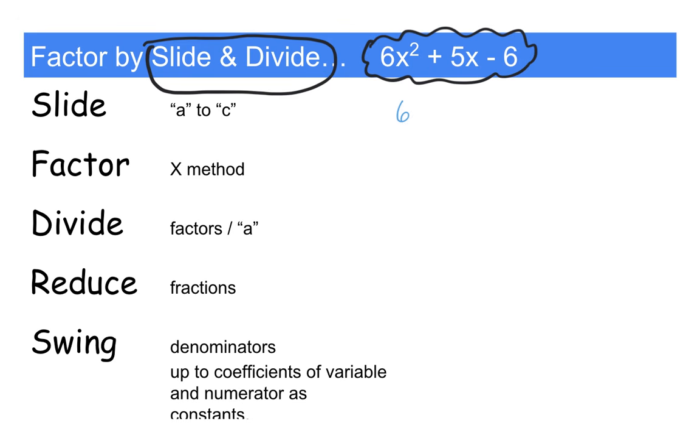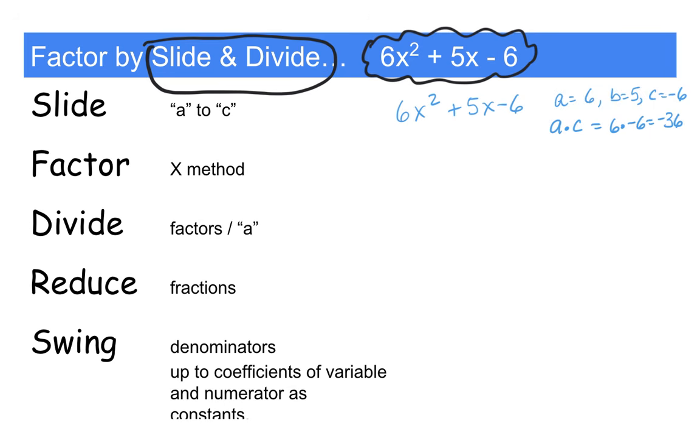So if I have 6x squared plus 5x minus 6, my first step is to slide A to C. So remember, A in this case is 6, B is 5, and C is negative 6. So sliding A to C, I'm going to do A times C, which is going to give me 6 times negative 6, which is negative 36.